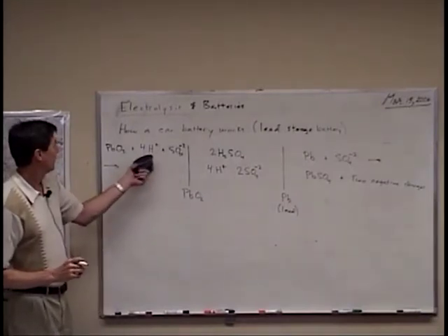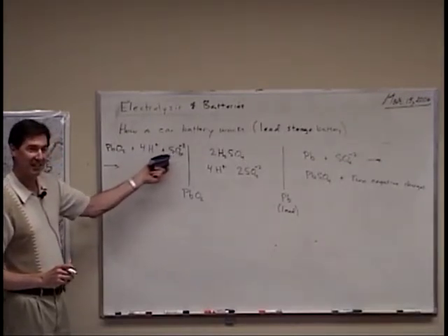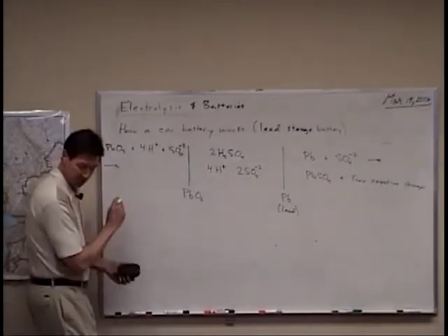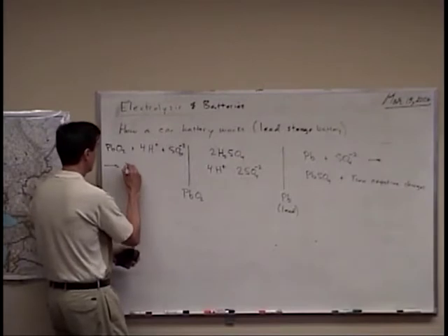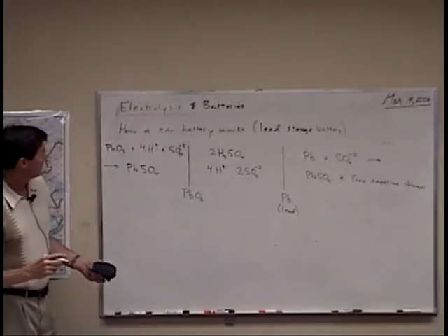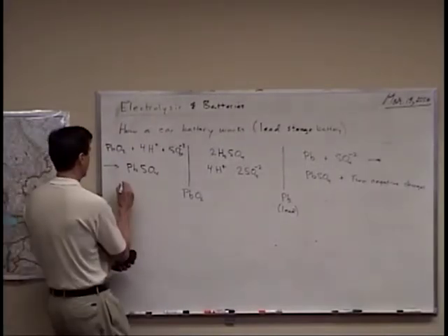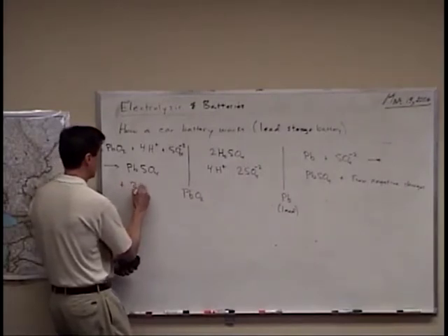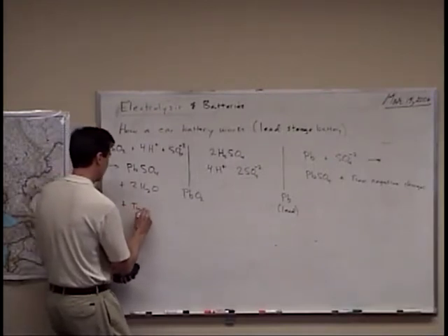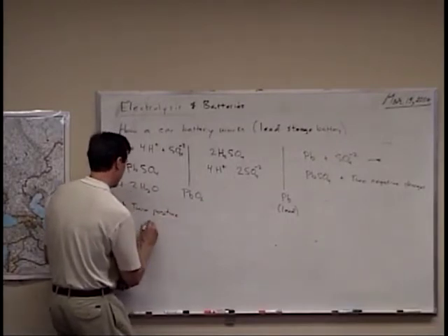Right, so you actually have an excess of positive charge here. So this is going to go to, again, lead sulfate plus water plus 2 positive charges.